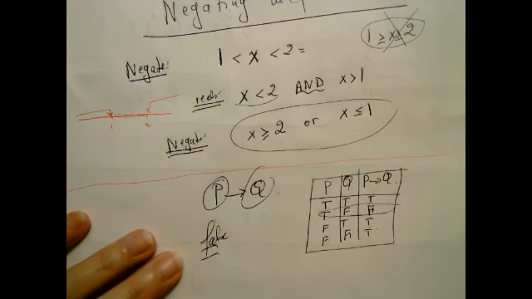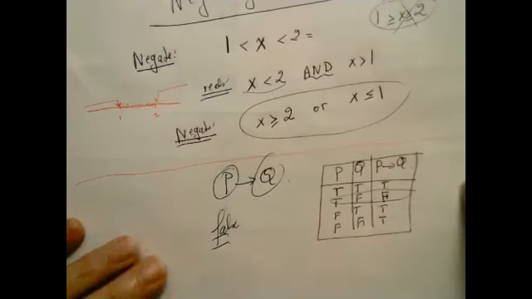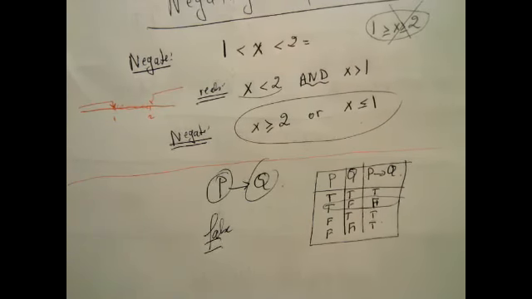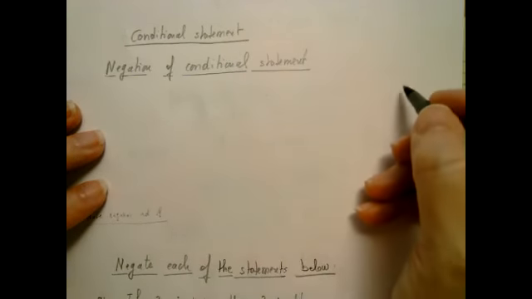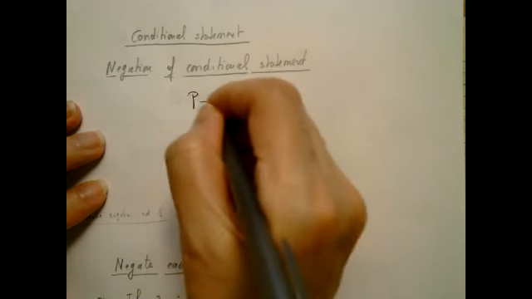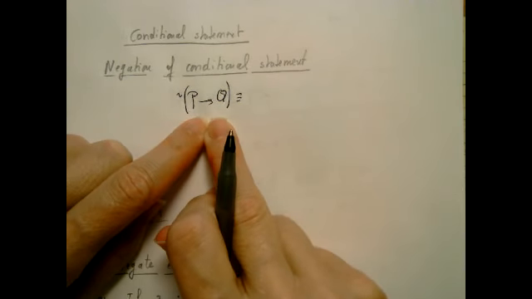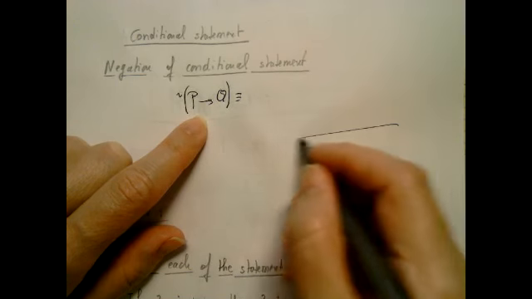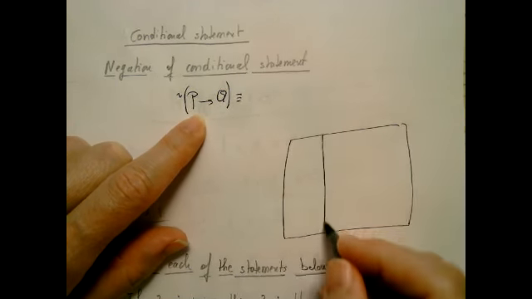Now, what's the negation of if P then Q? The negation basically should capture, so we're going to see what the negation is. So that's the negation of the conditional statement. The negation should capture exactly when the statement is false. I'm explaining it intuitively, and then we do the truth table to confirm.